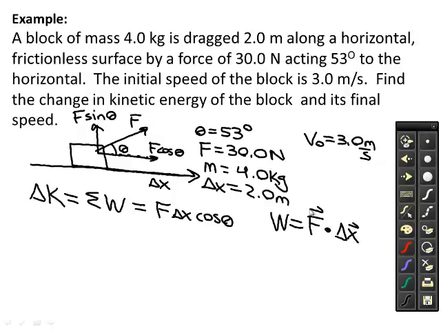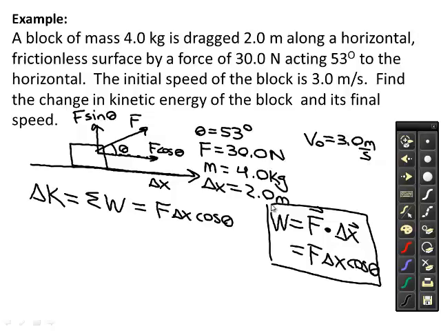If these 2 are vectors, when we multiply them together, we take their magnitudes, the size of the force and the size of the displacement, and we multiply by the cosine of the angle between them. It's not just in physics, but in math. It's called the dot product of 2 vectors.